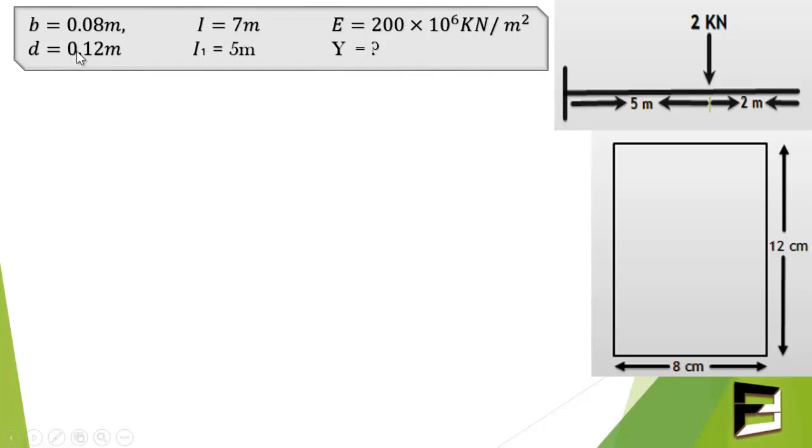Depth of the beam is equal to 0.12 meter. And L1 is the distance from the fixed end of this beam to the load, which is of course 5 meter. Now we will determine the value of y.